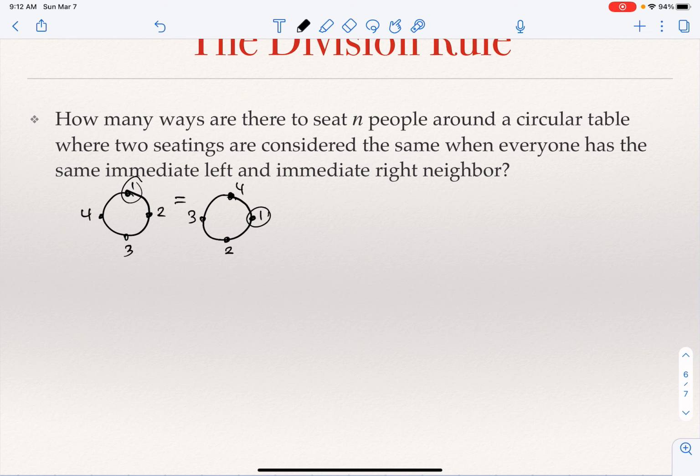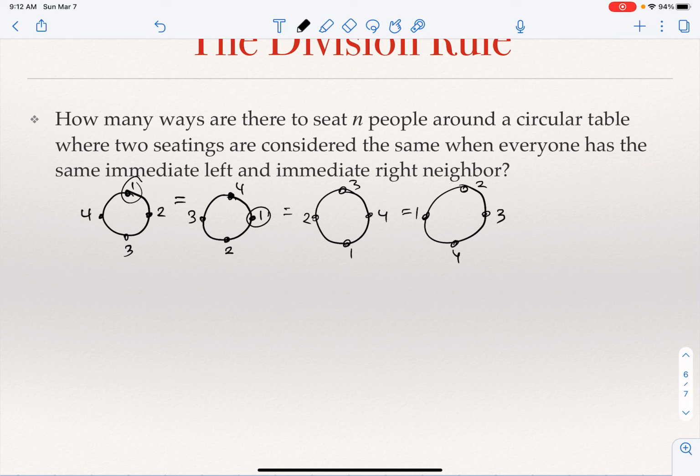To their left, it's individual 2. And so on. You can check 4, you can check 2, you can check 3. So these are the same. And also, this is the same. And this is the same as well. Okay. So I cannot count these as 4 different.